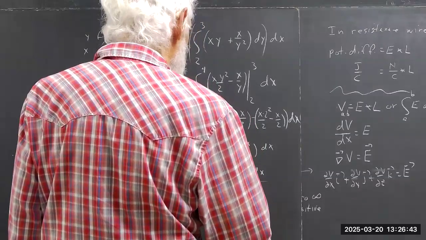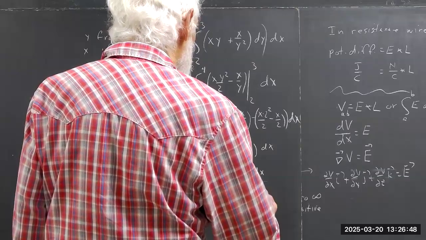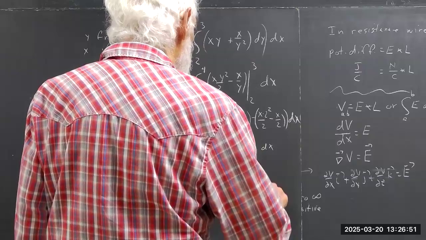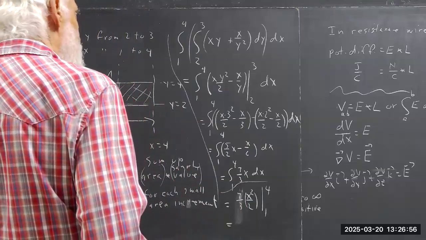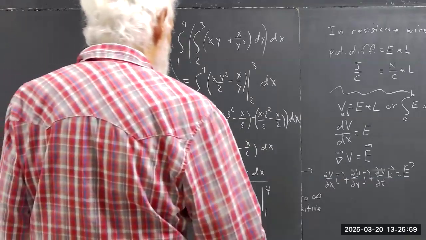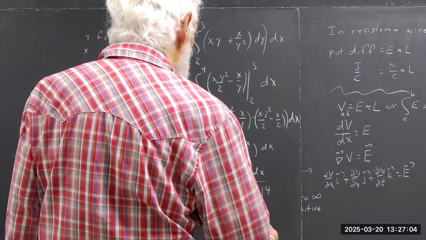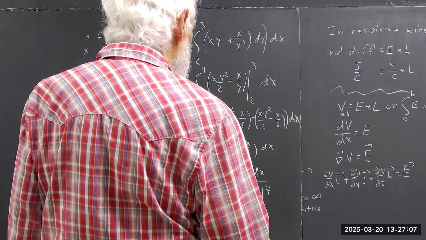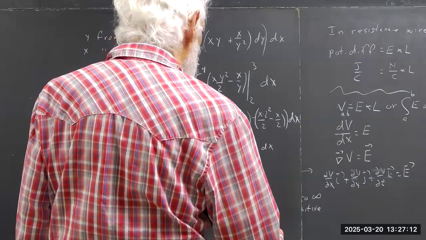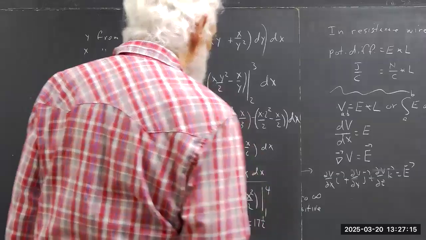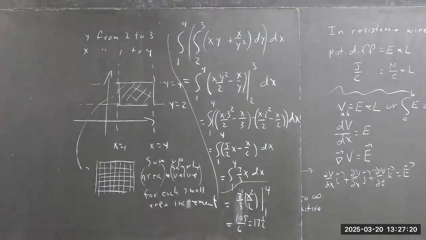And now it's going to be, just to be real explicit, 7/3 times x squared over 2 evaluated from 1 to 4, which is 7/6 times 15, 105 over 6, which is like 15, 16, 17, I think. Okay.